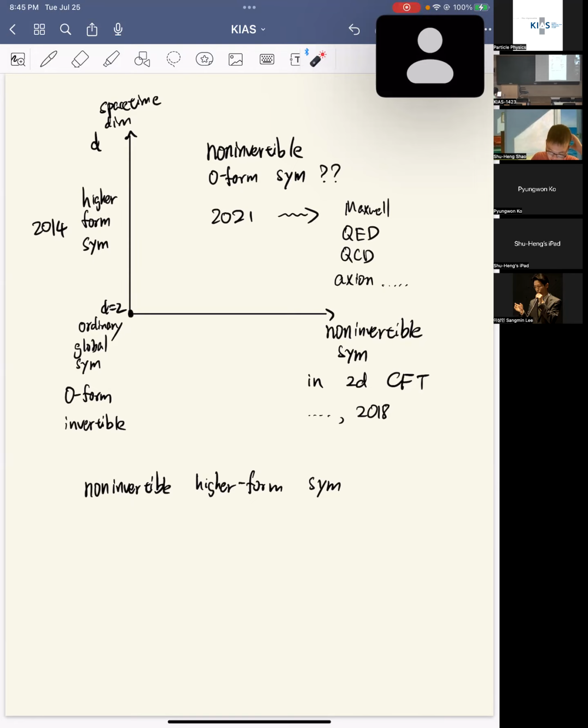So today, I will talk about this part of the story. In particular, I'll focus on the QED and QCD story. But I wanted to give this introductory remark to say that all these developments are built on the separate development on higher form symmetry and non-invertible symmetry in 2-dimensional conformal field theory.